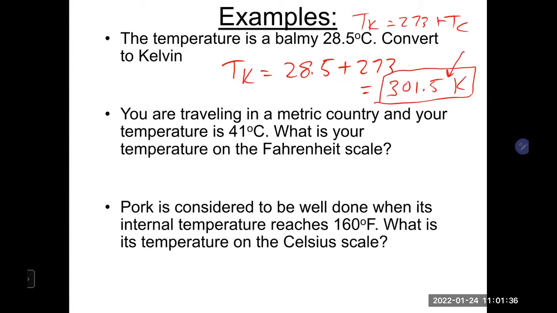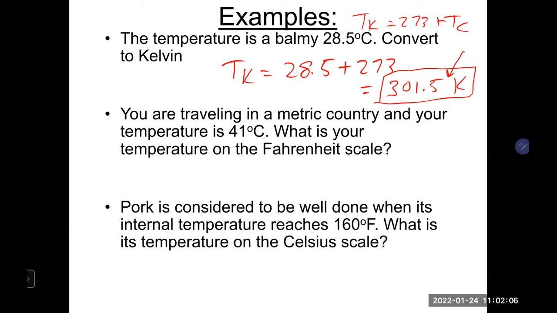Now, one thing that's important when we do temperature conversions, and really only when we're talking about strictly taking a temperature and converting it from one temperature scale to the next, is that we want to make the converted number look like the original number. What I mean by that is our number that we started with in this one was 28.5, to one decimal place.